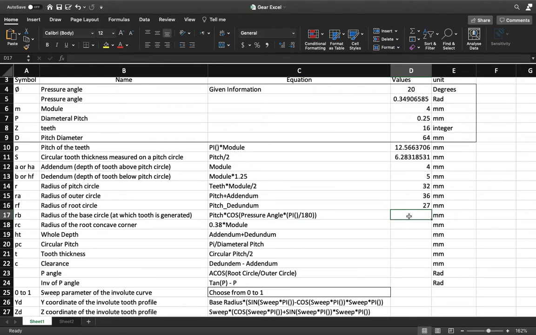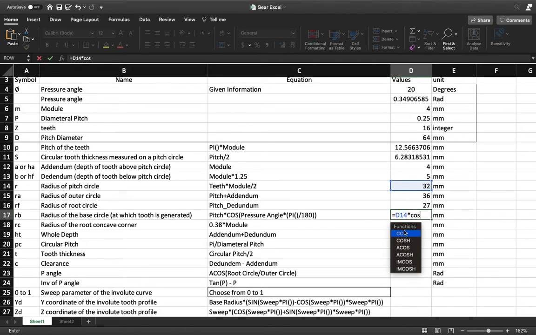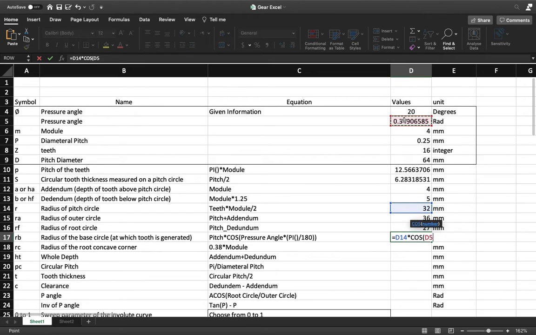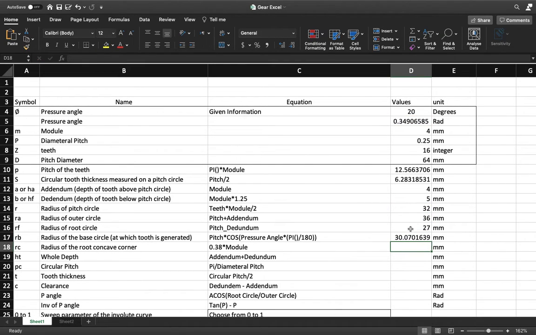Radius of the base circle, this is important, is equal to the pitch radius multiplied by the cosine of the pressure angle in radians. Here it is. As you can see here, it's between the dedendum and the pitch, so we can use it as a reference.